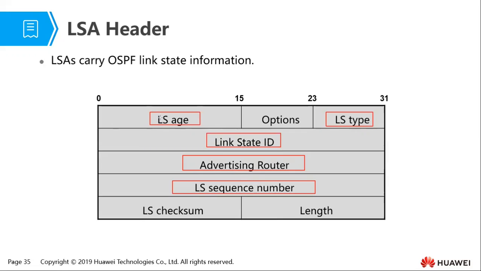So LS age can be used to detect old, but also the sequence number. Checksum is for integrity. Then length is used to identify the size of that particular LSA in bytes.